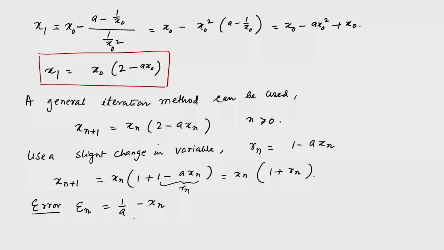Now, if that is true, then this is equal to r n divided by a, since r n has a definition. So, r n by a is equal to 1 over a minus x n, which is the error at the nth level.